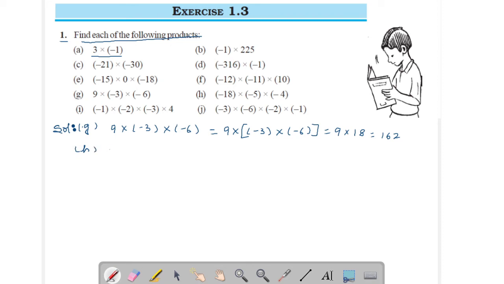Now come to H part. It is minus 18 into minus 5 into minus 4.